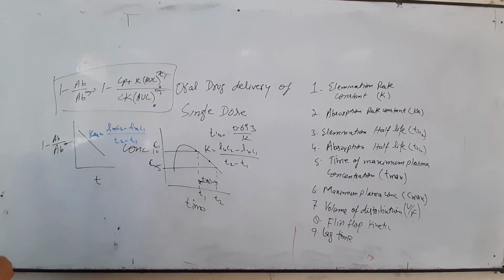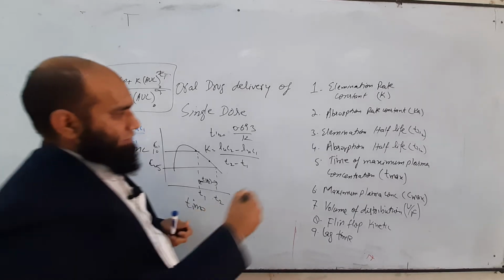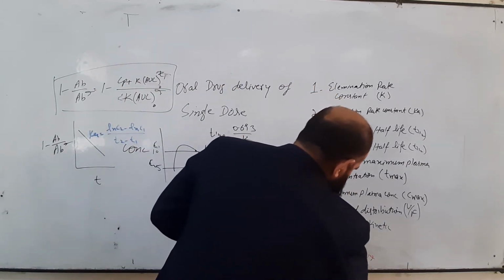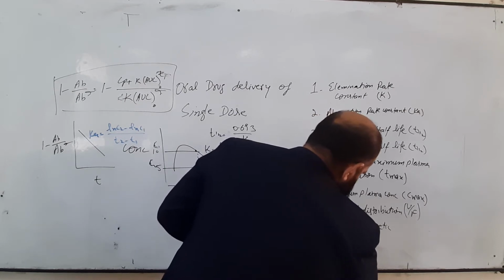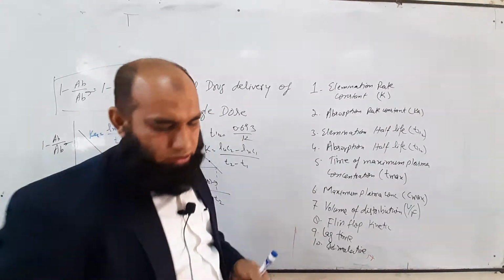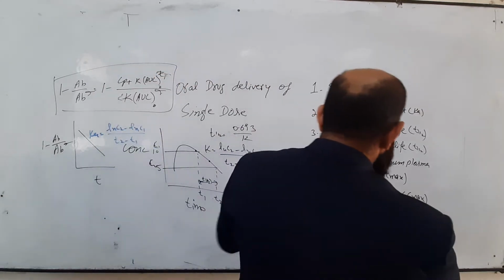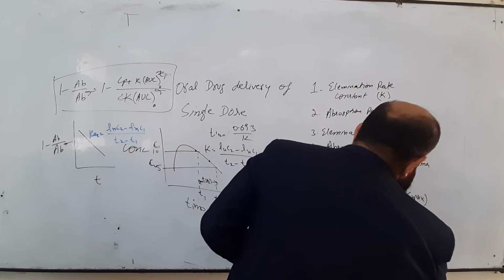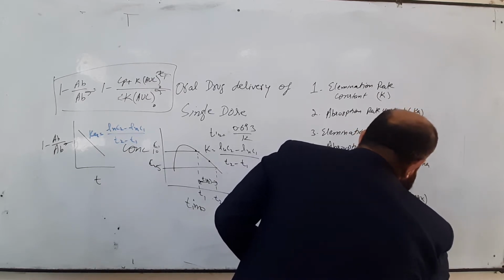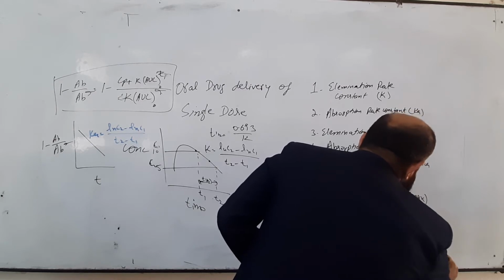In the same case, we will use another term in this scenario, that is the cumulative relative fraction absorbed. Once again it is the tenth parameter, cumulative relative fraction absorbed.